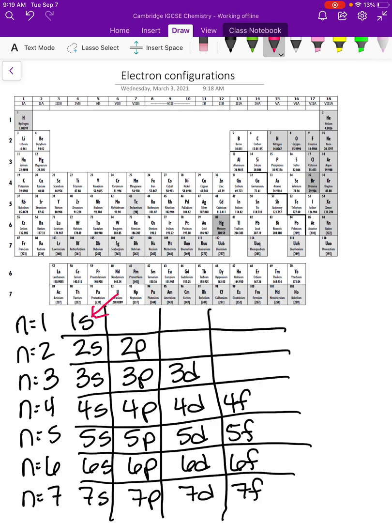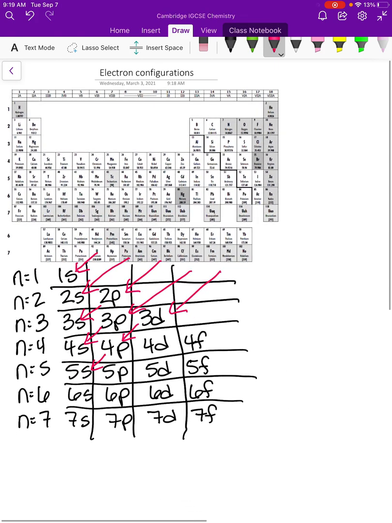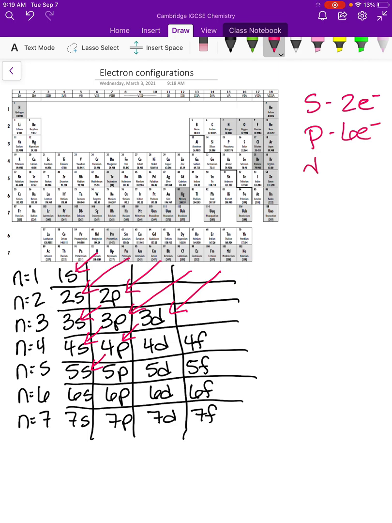So you'll fill the 1s first, and then you'll come up here and go diagonally to the 2s, and then to the 2p and 3s, and 3p, 4s, 3d, 4p, 5s. And you keep going like that to fill. Now remember, s holds 2 electrons, p holds 6 electrons, d holds up to 10 electrons, f holds up to 14 electrons.